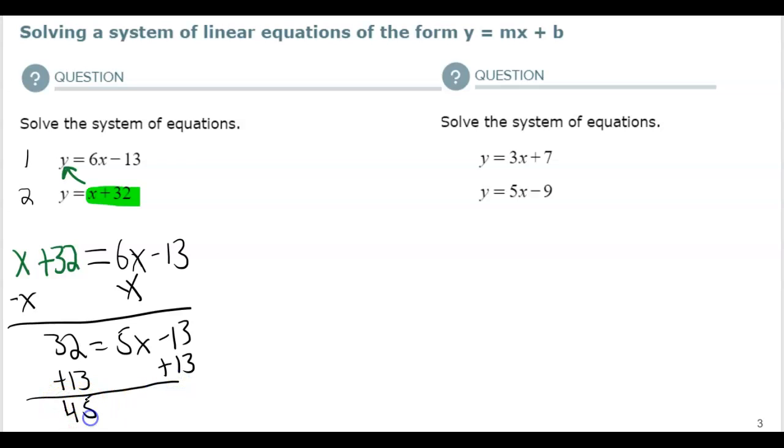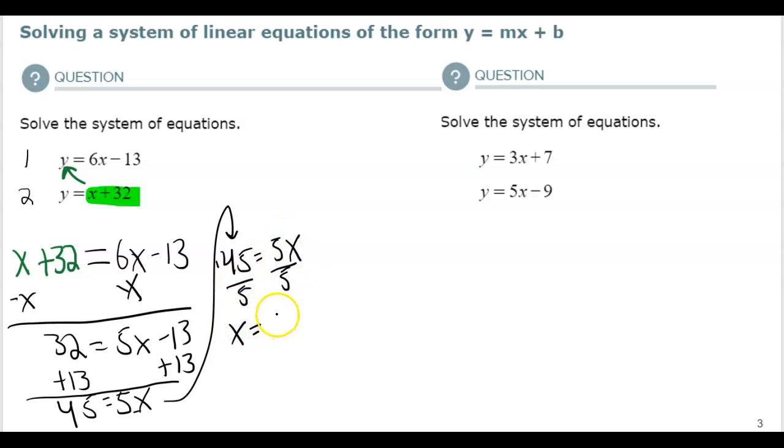And I'll get 45 equals 5x. And then if I divide both sides by 5, I get x equals 9. However, I'm not done because I still need my y value.